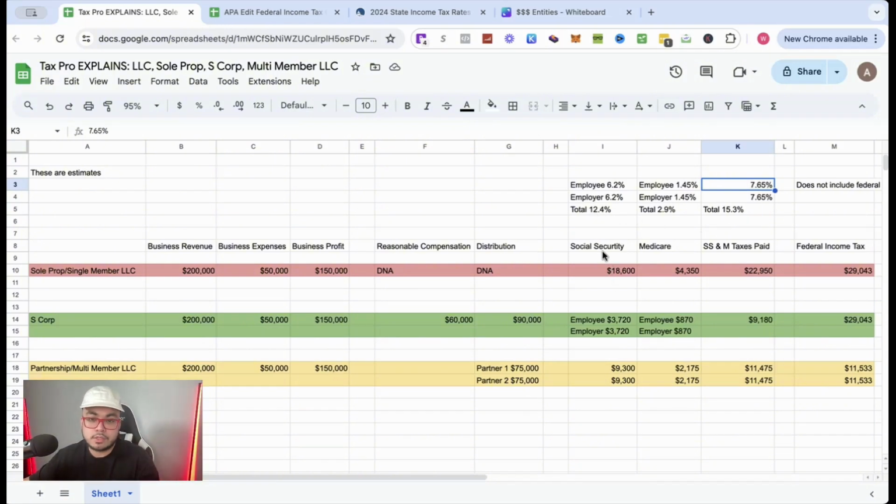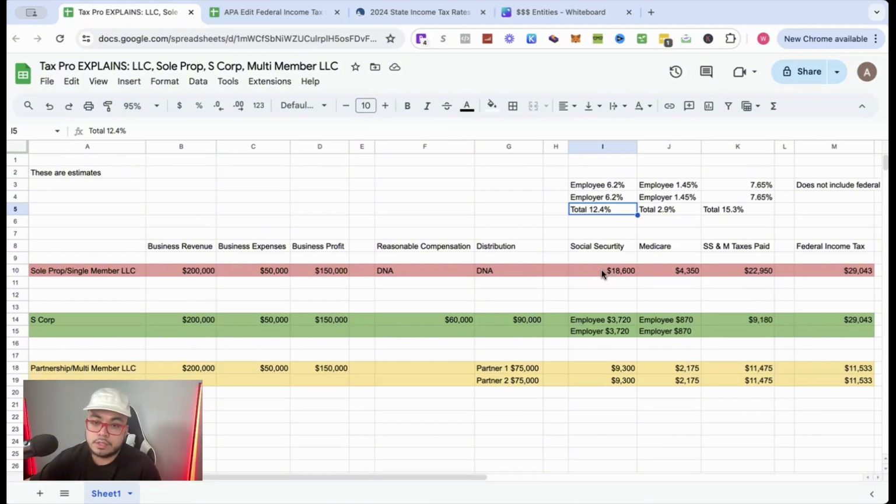So off of Social Security alone, because you're the employee and the employer, 6.2 plus 6.2 is 12.4. So really, for Social Security, you're going to have to multiply 150,000 times 12.4, which is going to be 18,600.